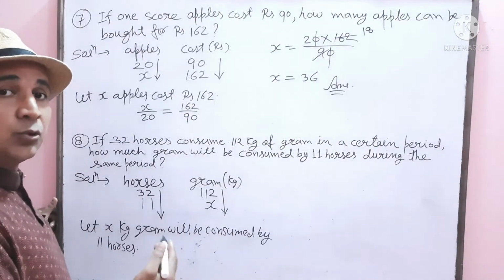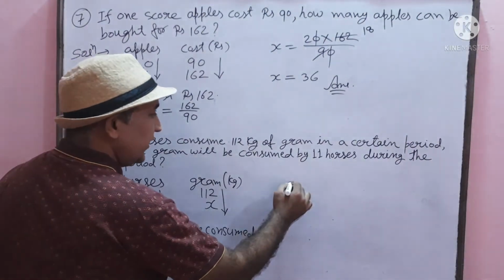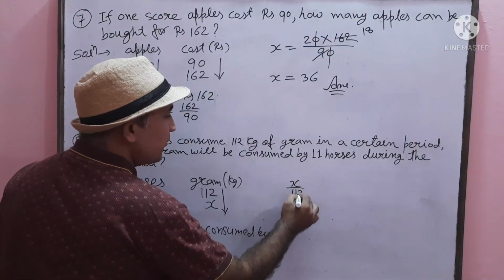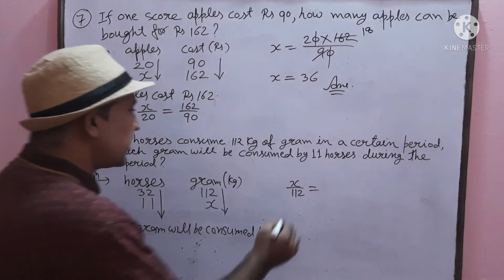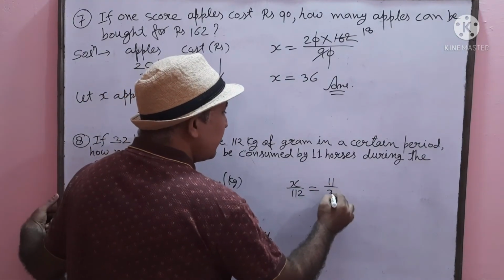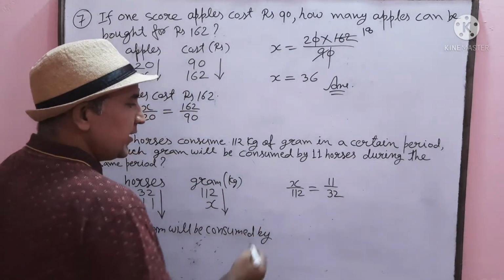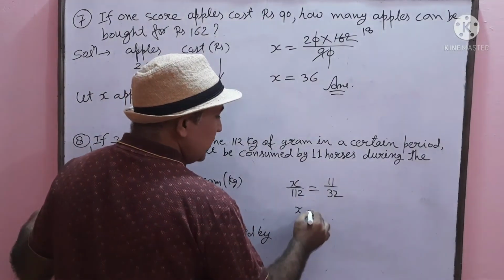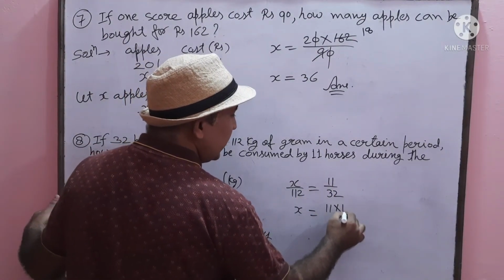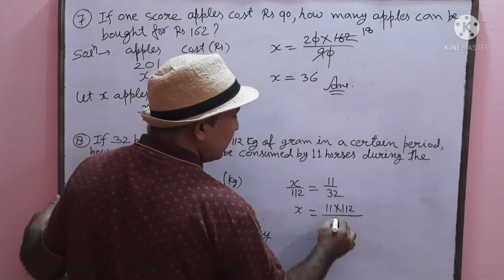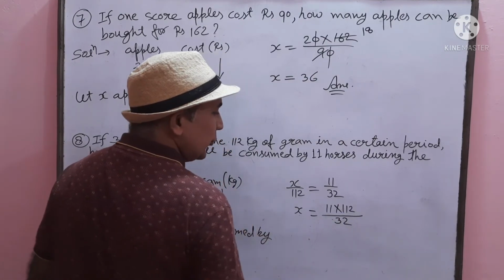Very easily you can write the numbers also. It will be X upon 112 is equal to 11 upon 32. By cross multiplication, X is equal to 11 into 112 upon 32.